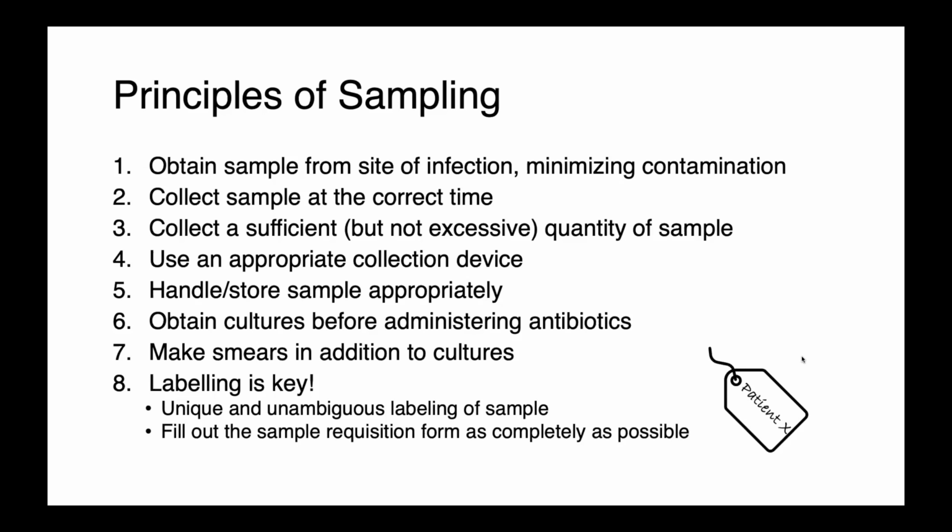Labeling is very, very important. You need to make sure that samples are labeled uniquely and unambiguously, and then to fill out the sample requisition form as completely as possible. Here we have an example form from the diagnostic lab at the Western College of Veterinary Medicine. And the first thing I want to highlight is that it's important to give a complete history plus a suspect diagnosis.